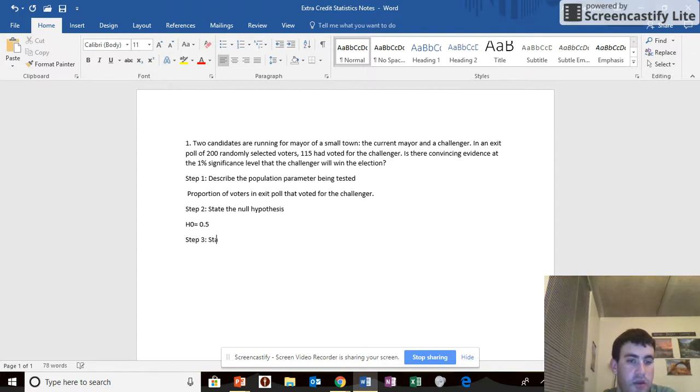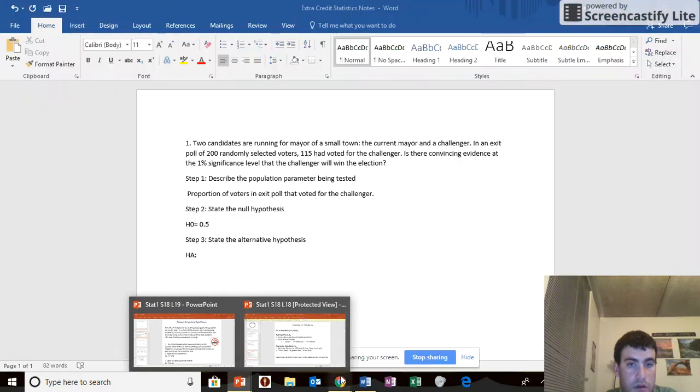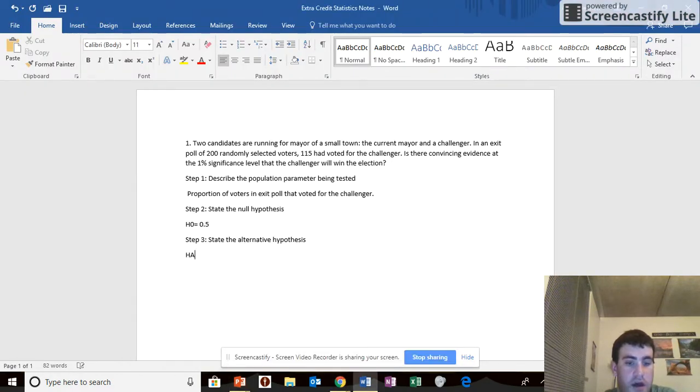Step 3 is to state the alternative hypothesis, labeled HA. HA has to be greater than or less than something. In this case, it's asking whether he has enough, so we need more than 50%. We want the alternative hypothesis to be greater than 0.5. I wrote it as a decimal; you could write it as a percent, but it's more helpful later to write it as a decimal.